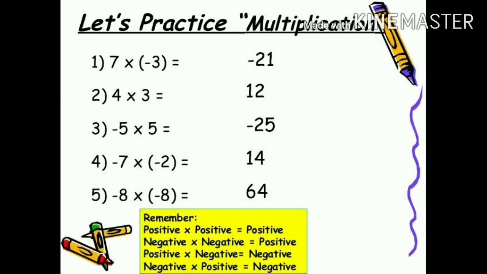In the fourth example, you can observe when you multiply two negative integers, the product will be positive, that is minus 7 into minus 2, we get the product as 14. Similar type of examples you need to consider for integers, and you have to practice for yourself, children.